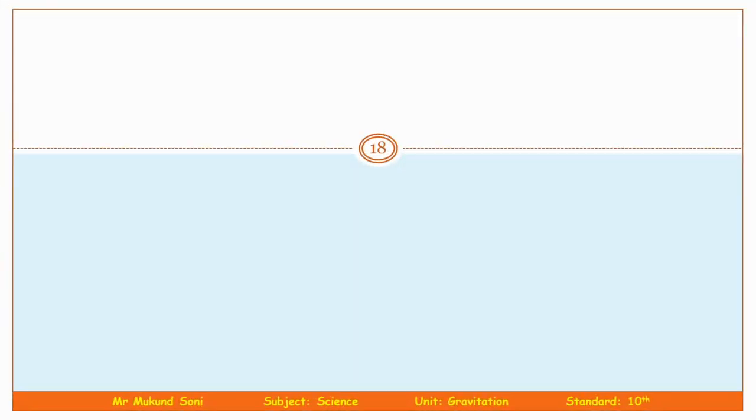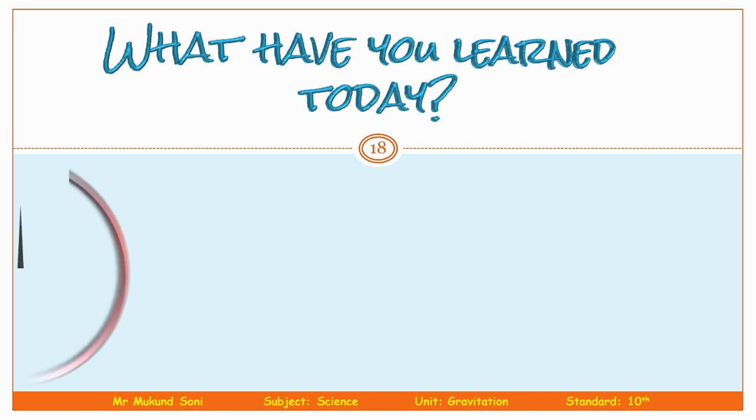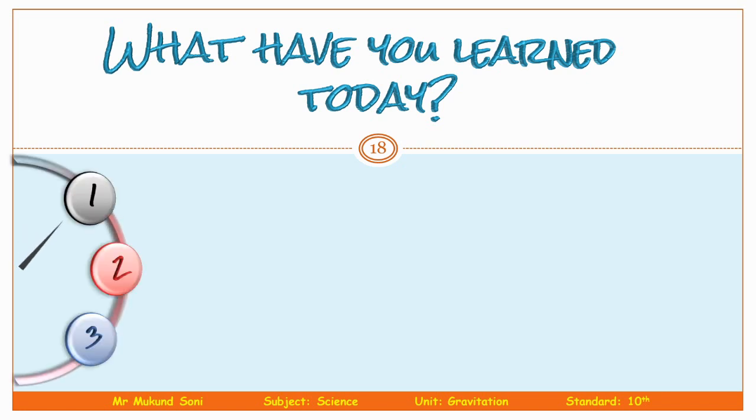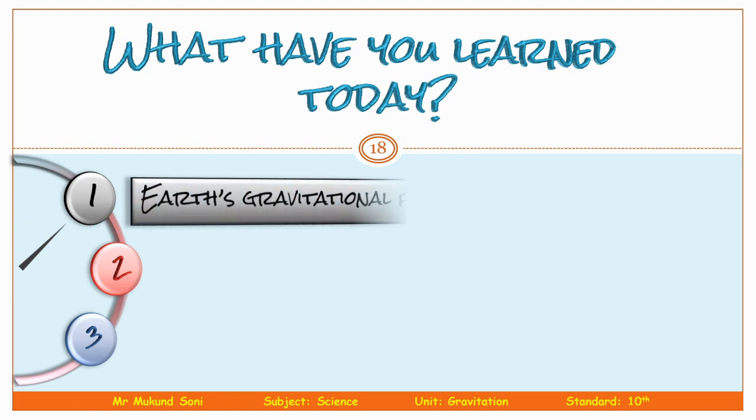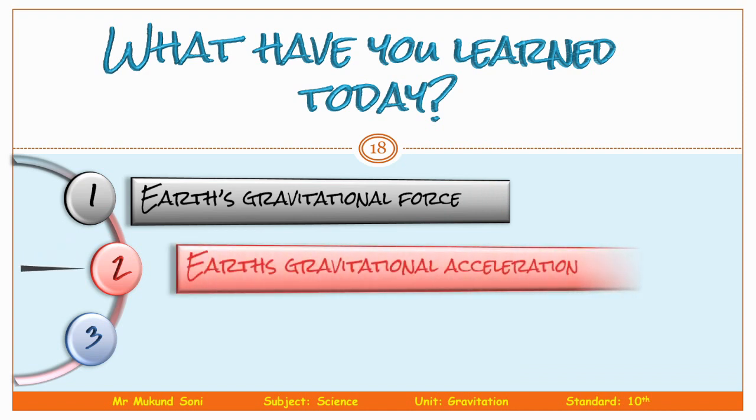So I hope you liked it all. Let us see what you have learned today. Today we have learned three different points. First is the Earth's gravitational force. Then the Earth's gravitational acceleration, why the value is 9.8.